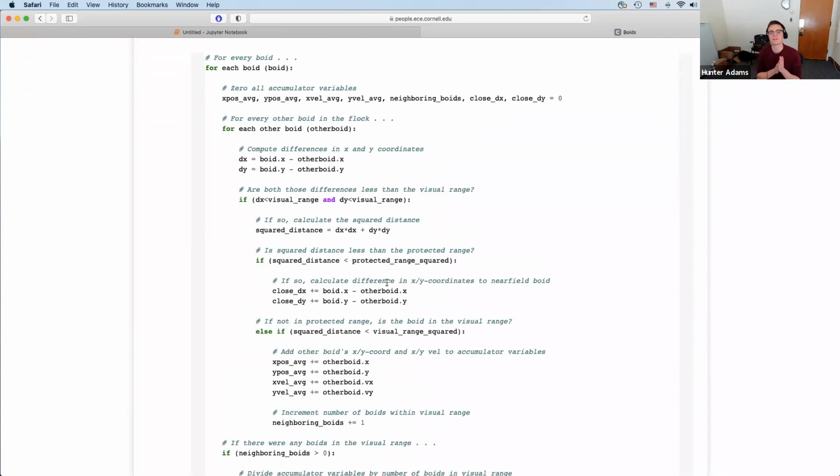What's the complexity of this algorithm? It's a hard question. Is it n squared? Checking the distance from each Boid to each other Boid is n squared.